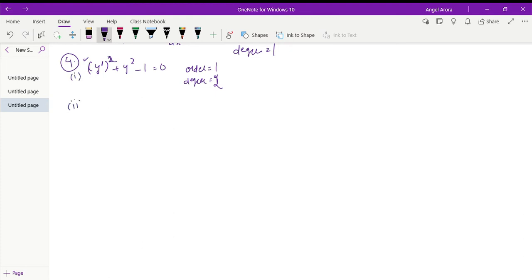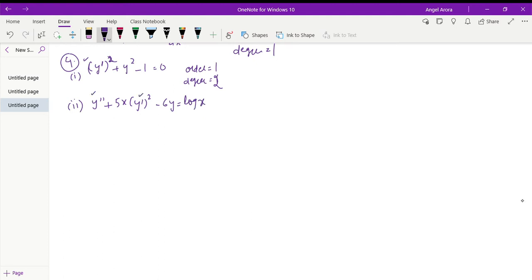So second part of fourth question. Second part is y double prime plus 5x y prime squared minus 6y is equal to log x. So this is second order derivative, this is first order derivative.